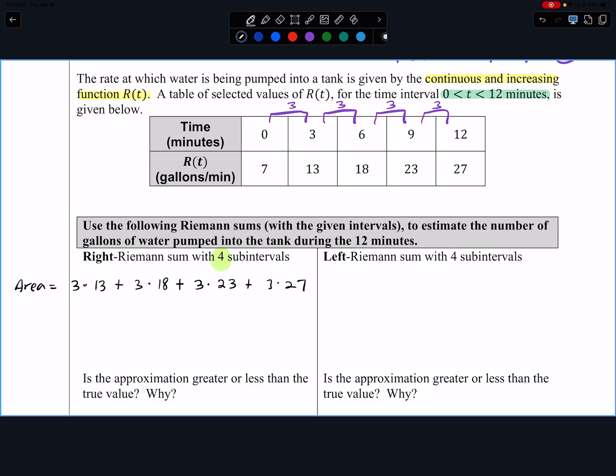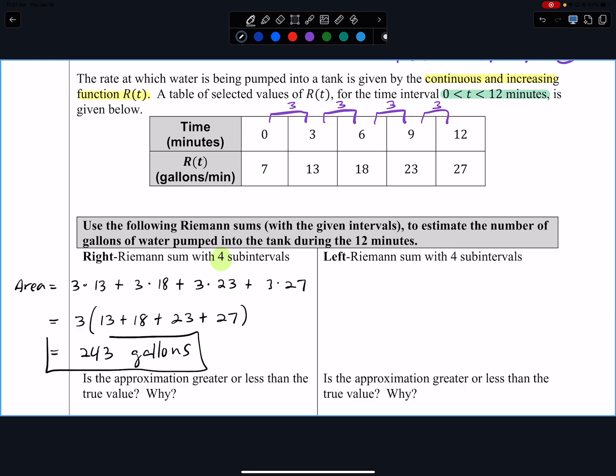Is everybody cool with where that came from? Okay. What do all these calculations have in common? 3. So what can I do with that? Factor it out. So 3 times 13 plus 18 plus 23 plus 27. 50 plus 31 is 81. Check my math, guys. Yeah? Okay.